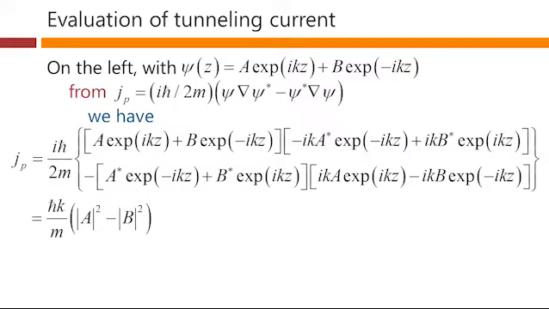The cross terms, for example, b e to the minus ikz times minus ik a star e to the minus ikz, are cancelled out by opposite terms, like this one here. This product will give a cancelling term. And so all that's left is this pair of modulus squareds, one minus the other, for our current density.